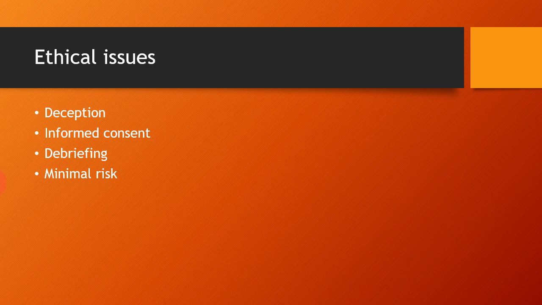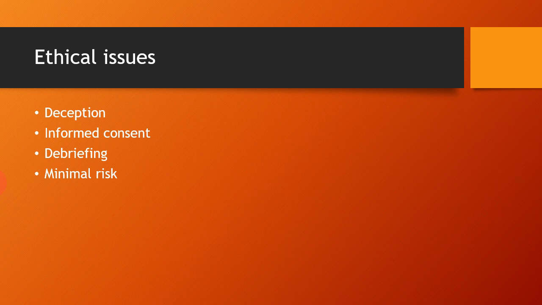Then comes informed consent. The subject must voluntarily agree to participate in social psychological research without any force and must understand what the participation involves. Then comes debriefing. Here we explain in some detail the purpose and the procedure of the research.